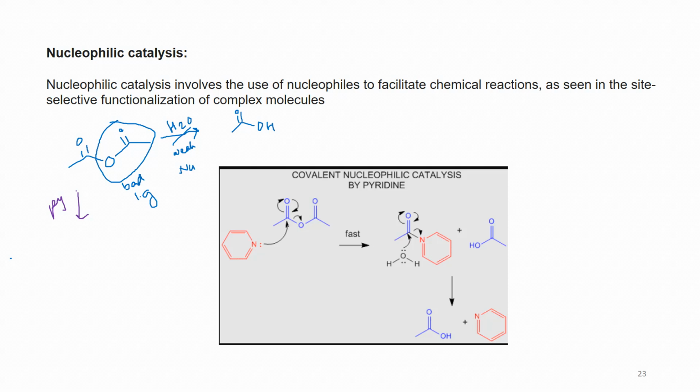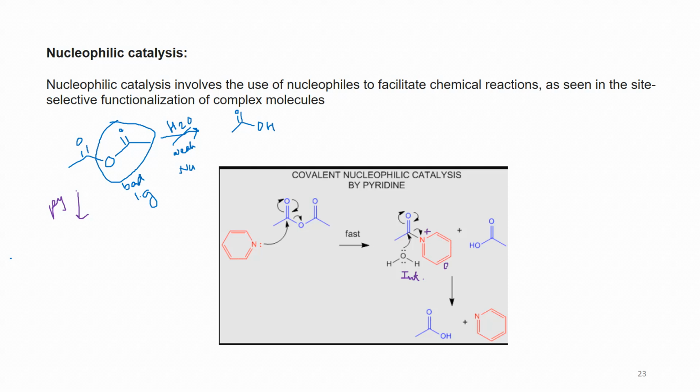This pyridine will attack this carbonyl center and remove this acetate group from the system, forming this intermediate, where the leaving group is this positively charged pyridine.